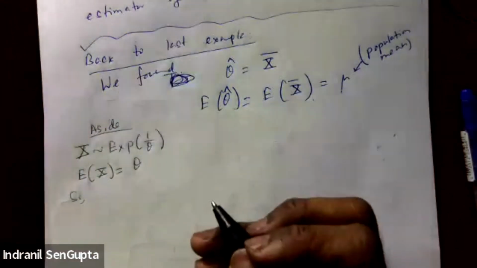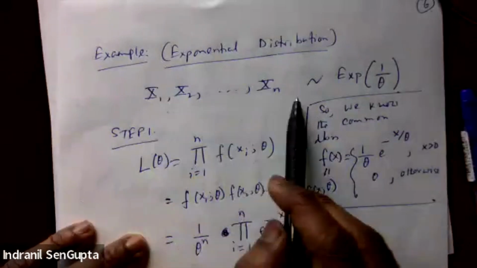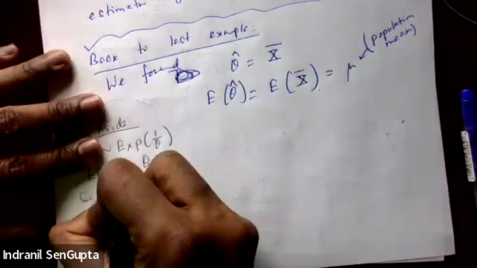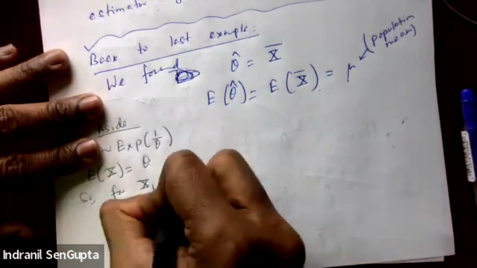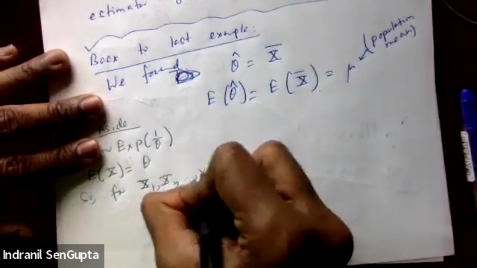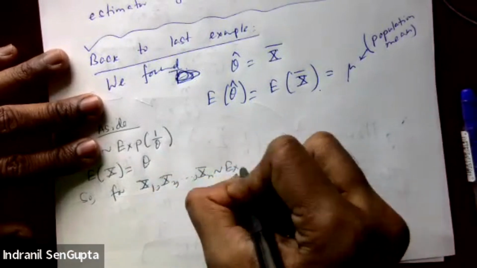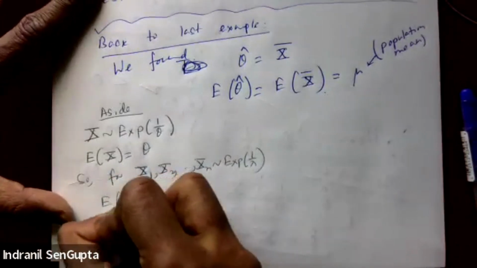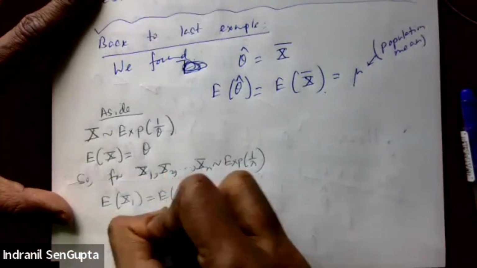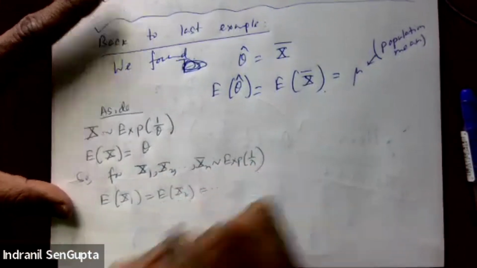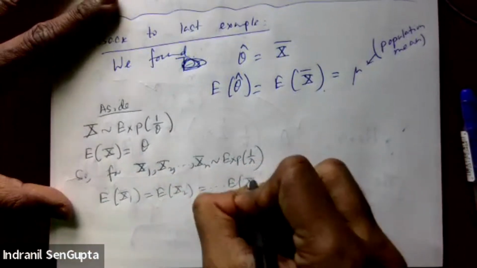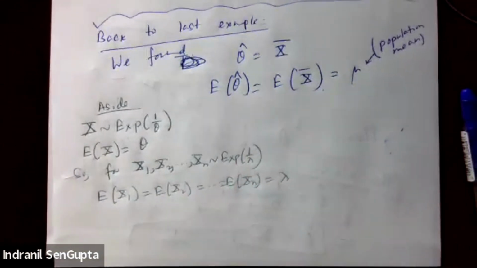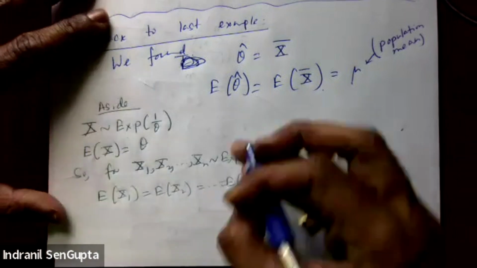In our example, x1, x2, ..., xn are drawn from this distribution. So what is the mean? For x1, x2, ..., xn, with 1 over lambda, their expectations are the same. I'm sorry, I think we wrote it as theta.